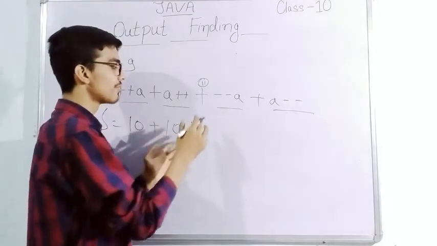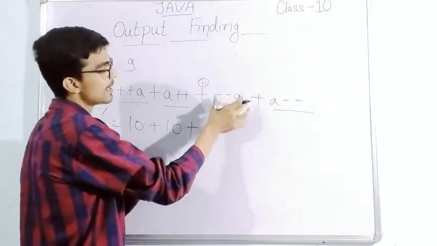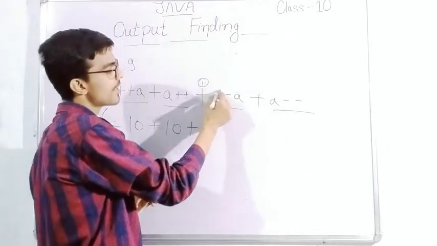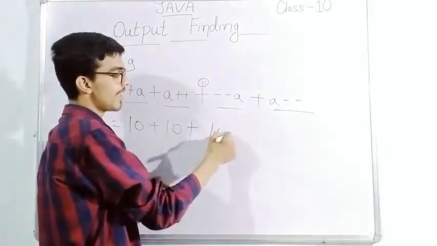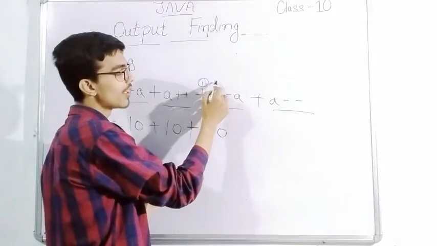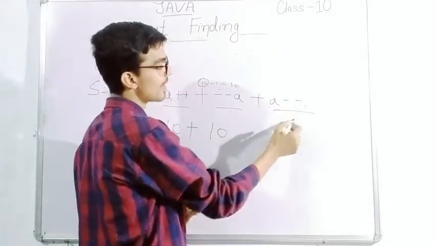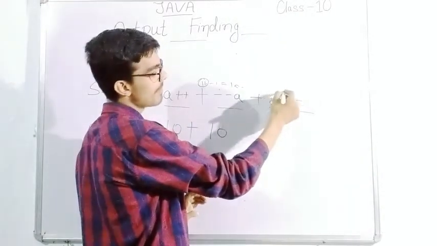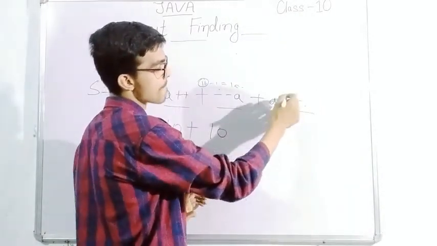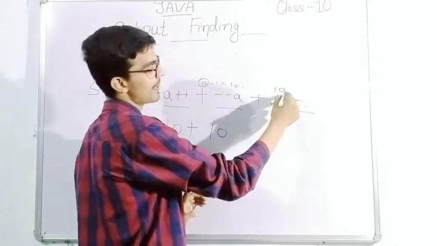After this we have minus A, meaning the value of A will first decrease by 1, so it will print 10. 11 minus 1 is equal to 10, and again here A minus means 10 minus, it will print 10.